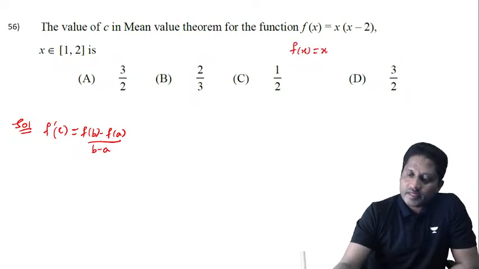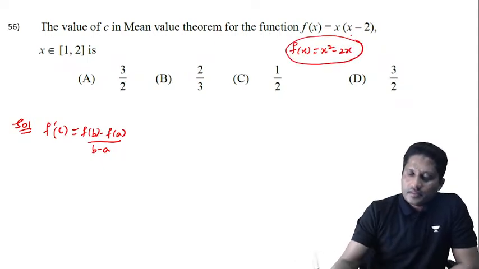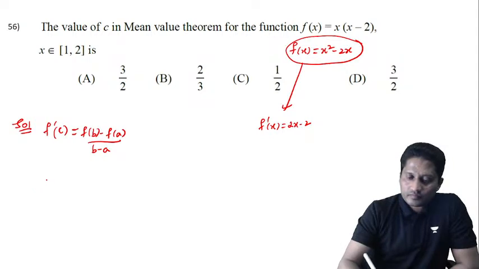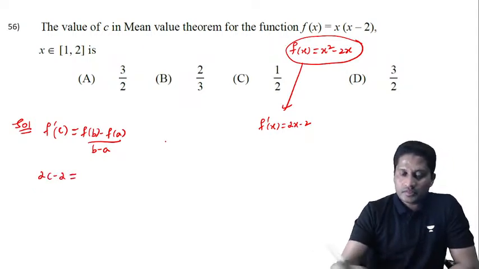Fx is equal to x square minus 2x. Now if I differentiate, I get f dash of x is equal to 2x minus 2. F dash of c is equal to 2c minus 2. This is a comma b, right?